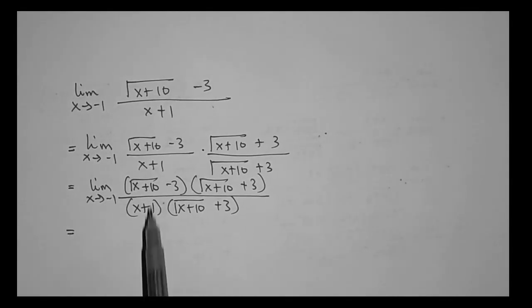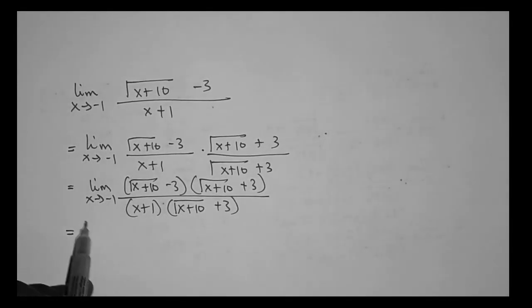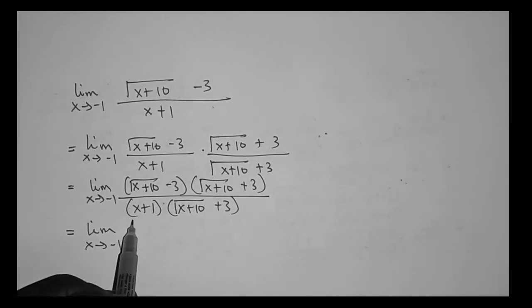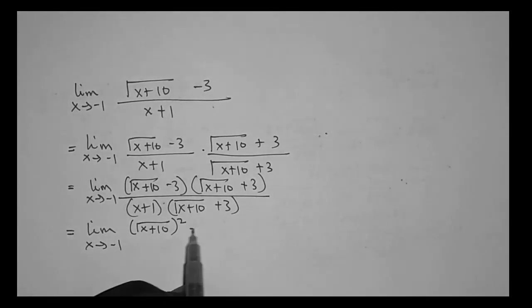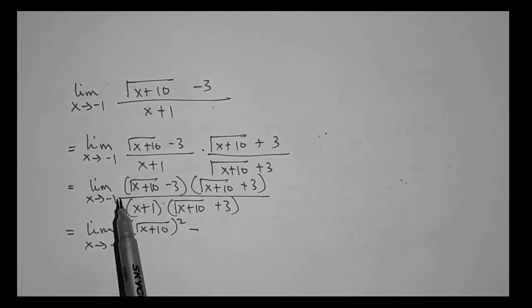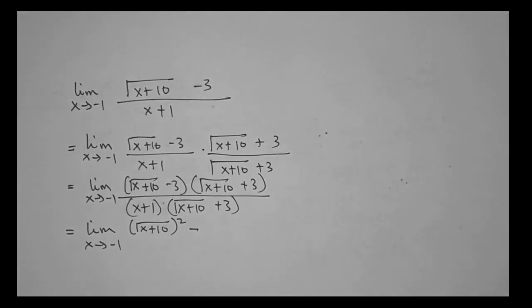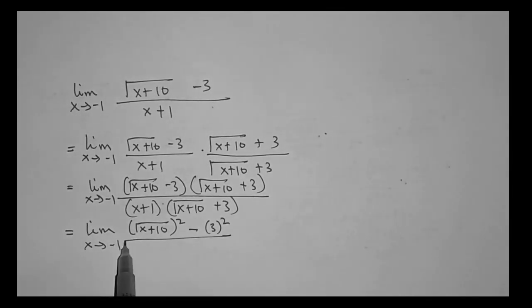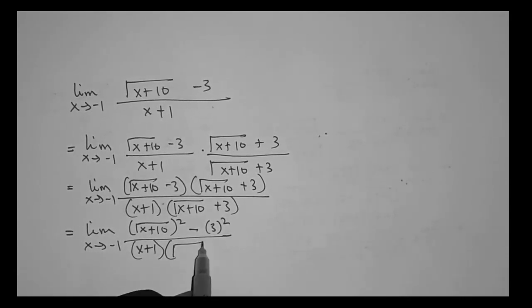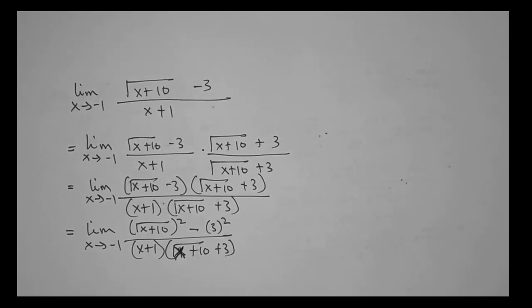So that this is equal to, remember, difference of two squares. So this is the limit as x approaches minus 1 of square root of x plus 10 squared, then minus 3 squared, remember, a minus b times a plus b equals a squared minus b squared, divided by x plus 1, then times square root of x plus 10 plus 3.